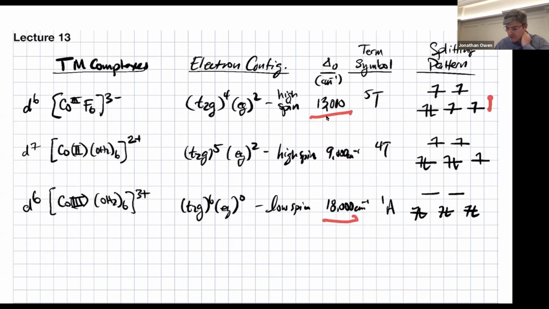Pi donor ligands push this up in energy. These electrons have a repulsive interaction with the lone pairs on fluorine of pi symmetry. Those lone pairs push up that level and shrink this delta O spacing.